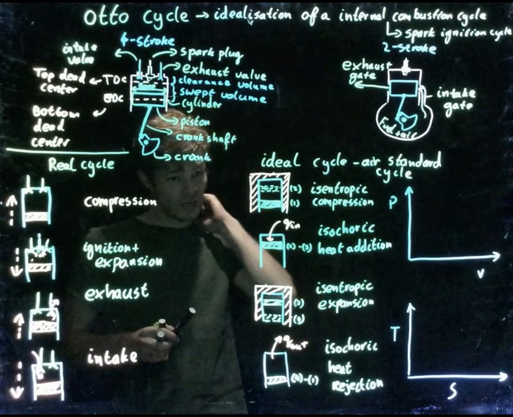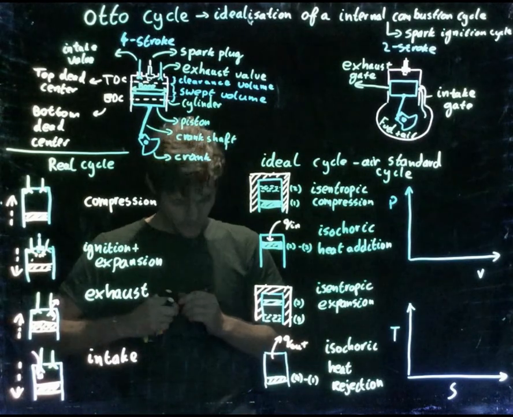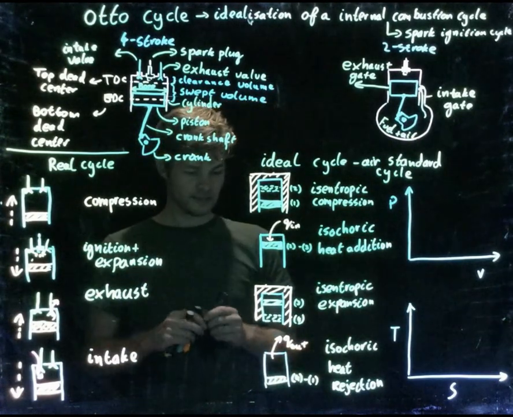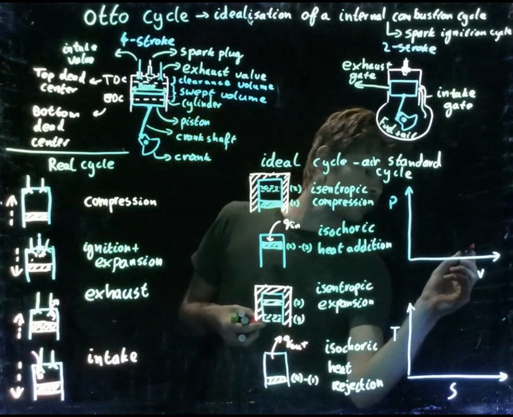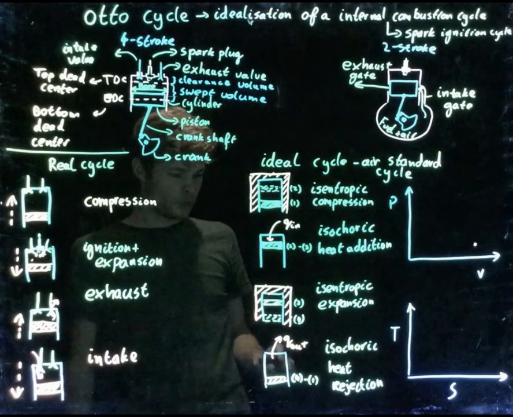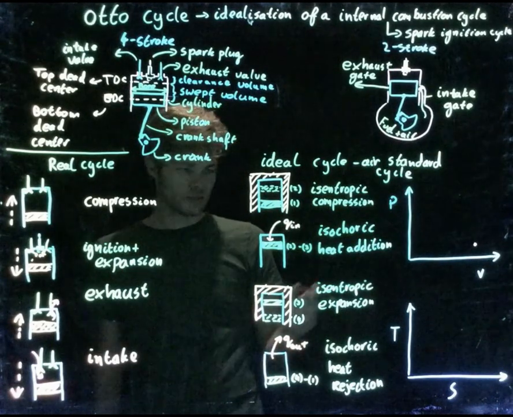So I'm going to start at point 1. Point 1 has actually the highest volume and the lowest pressure. So we're going to start over here. And after point 1, we'll go to point 2 and we'll do some compression.